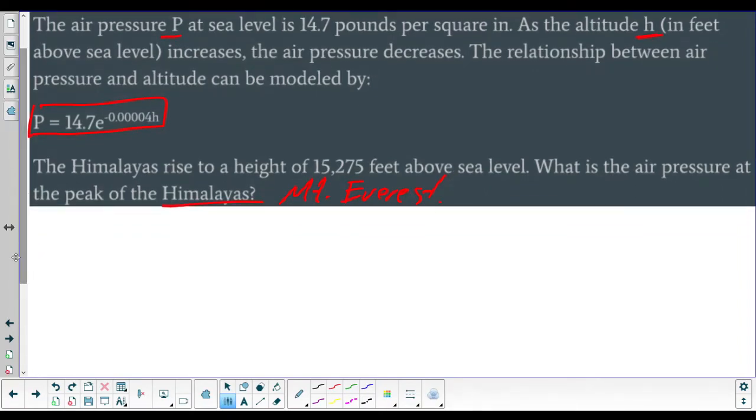All they want you to do for these word problems in this lesson is plug numbers in and then use your calculator. So we are looking for air pressure. P is going to stay a variable for us.